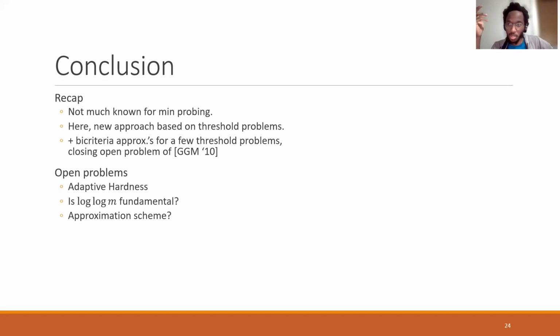Is it possible to get lower than that, or is there some core aspect of the problem that limits us to log m? And another natural open problem is, is it possible to get an approximation scheme here instead of just these fixed factor approximation results that we derive in our paper?